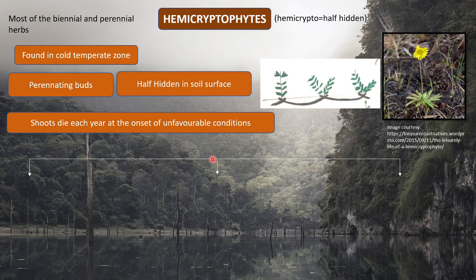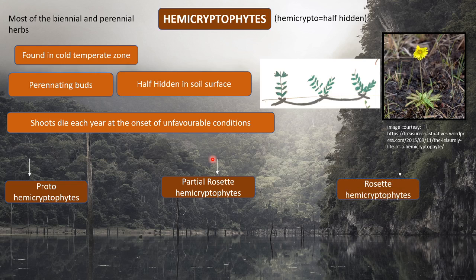Now these hemicryptophytes can be divided into 3 types. These are proto-hemicryptophytes, partial rosette hemicryptophytes, and rosette hemicryptophytes. Now see, these leaves that we saw are in a rosette arrangement, right? The arrangement of leaves is in a whorl, in a circular pattern. Based upon the arrangement of leaves, there could be 3 kinds of hemicryptophytes.